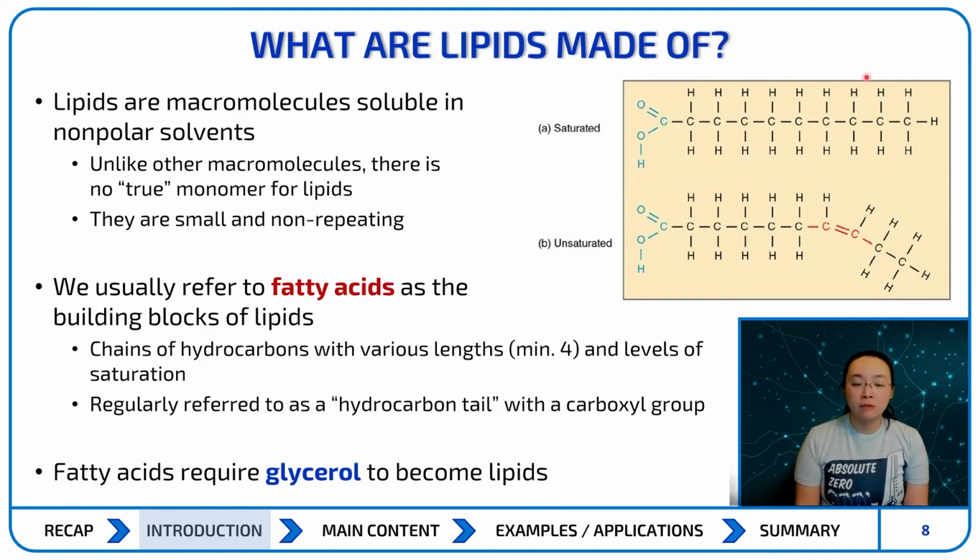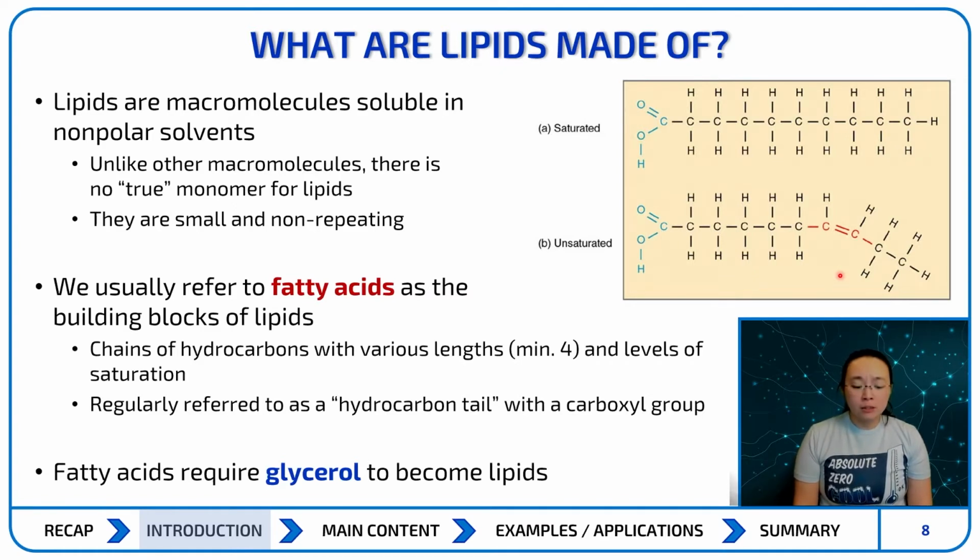If it's fully saturated, it means that all of your carbons have hydrogen bonded to them and nothing else. If you have an unsaturated fatty acid, it means that you no longer have hydrogen bound everywhere. You have these kinks that are introduced. A double bond is introduced between two carbons, which means you've lost hydrogen on one side, and it creates a kink in your hydrocarbon chain.